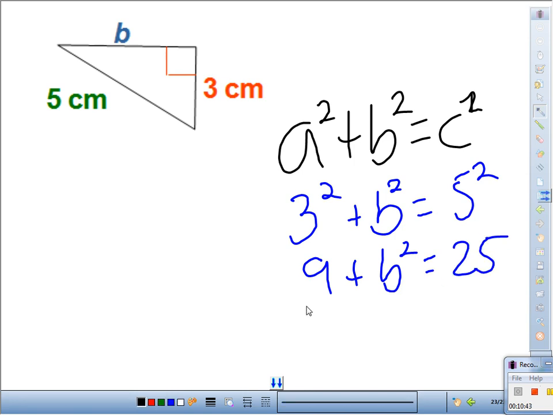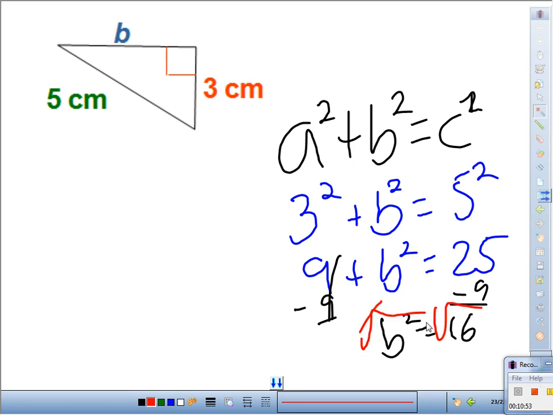What do I do? B squared equals 16. So, 4 centimeters. Have you got that? Okay, we got these, yes? Yep. All right. Let's crank it up a notch.